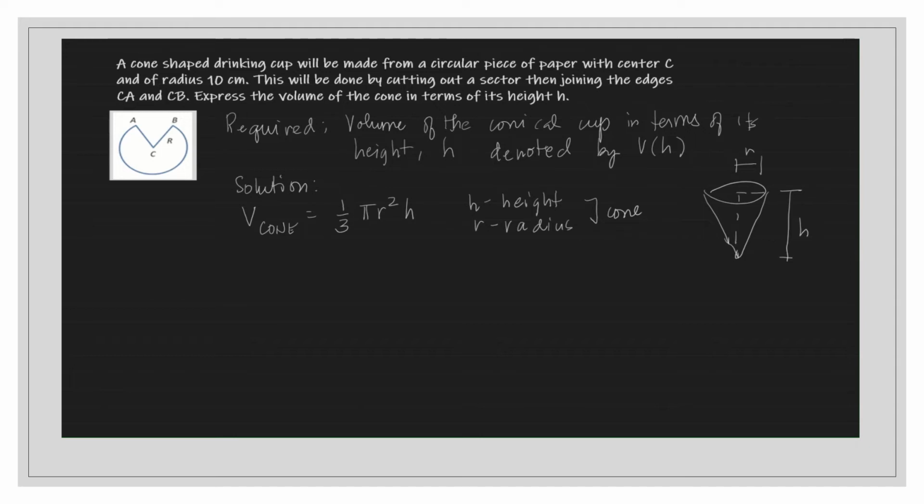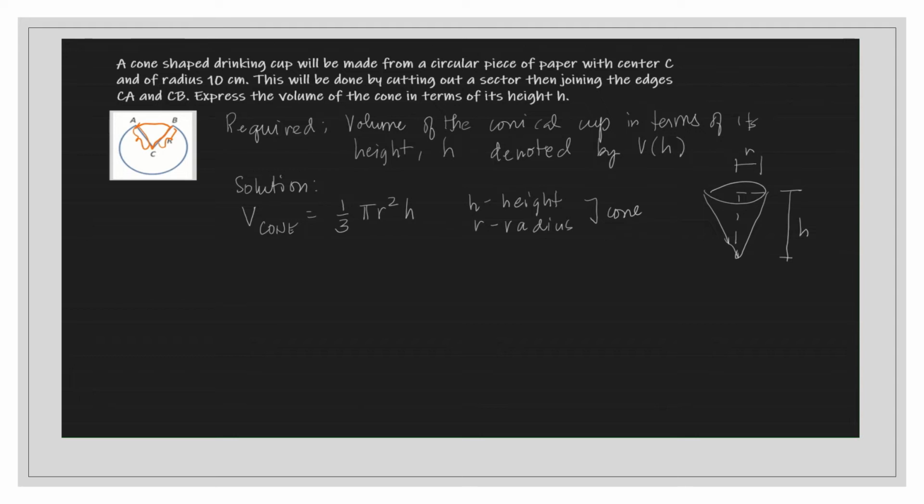Okay, now we refer to the given figure as mentioned in the problem, a sector. So this is the sector that will be cut out. After that is cut out, the edges CA and CB will be sealed or joined together.